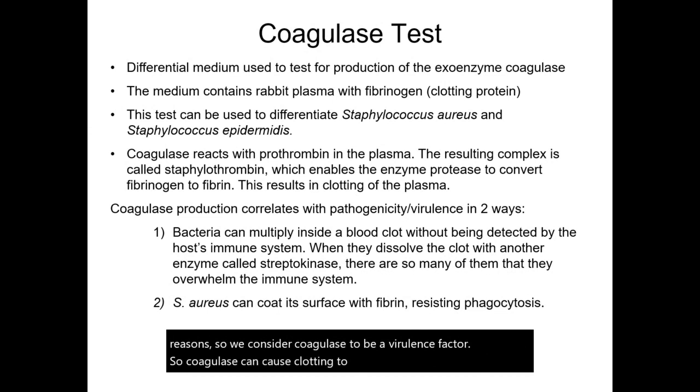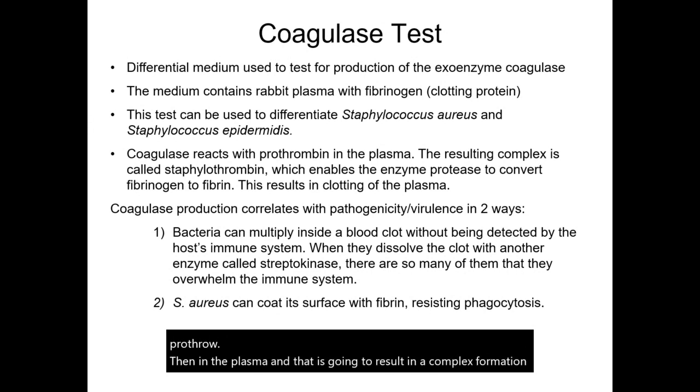So you'll notice on the second bullet here that we use a media that includes rabbit plasma that has fibrinogen in it, which is a clotting protein. So if an organism has the enzyme coagulase, it will react with prothrombin in the plasma, and that is going to result in a complex formation called staphylothrombin.